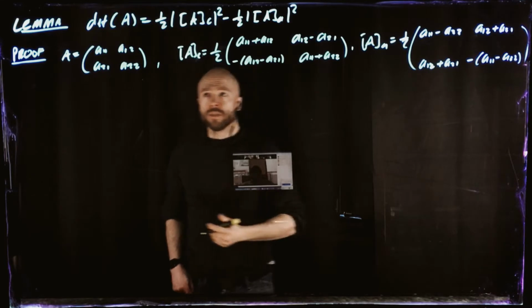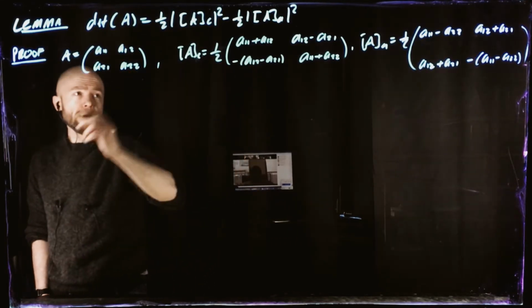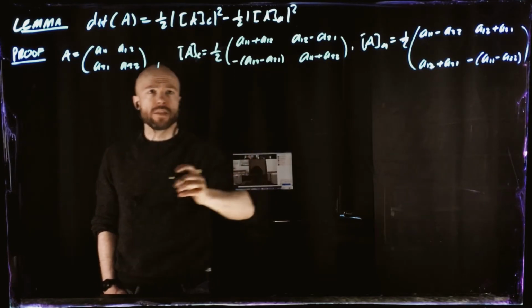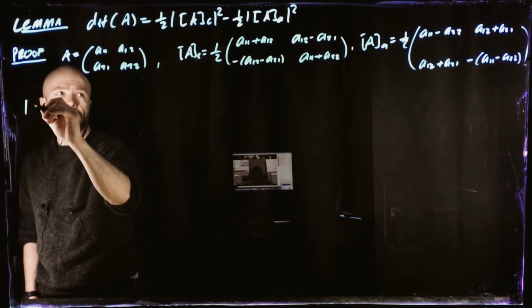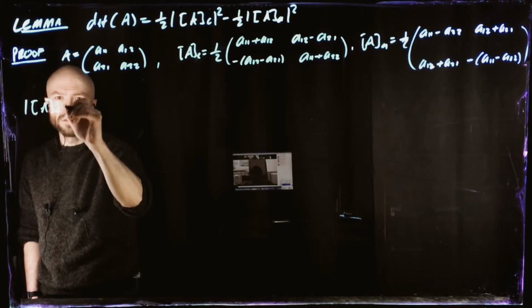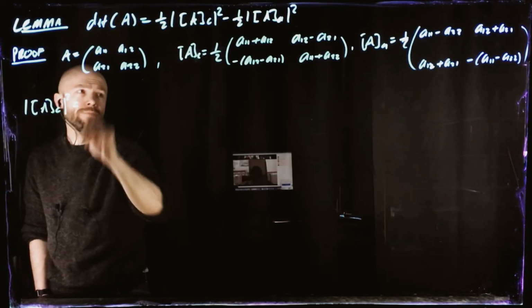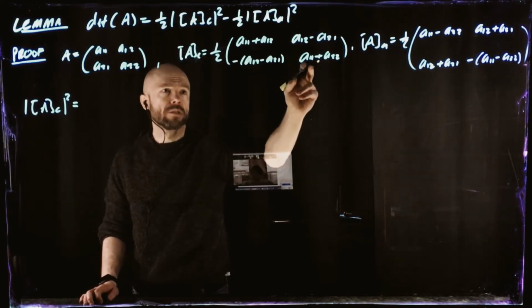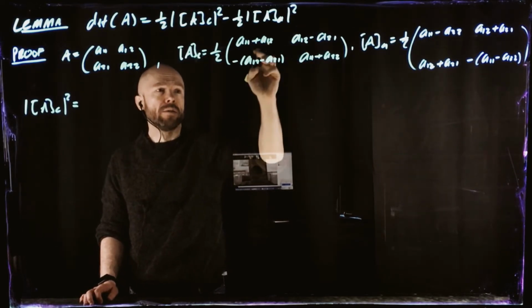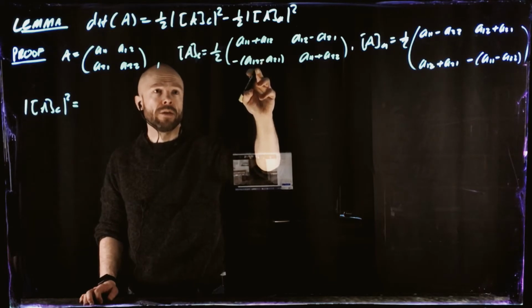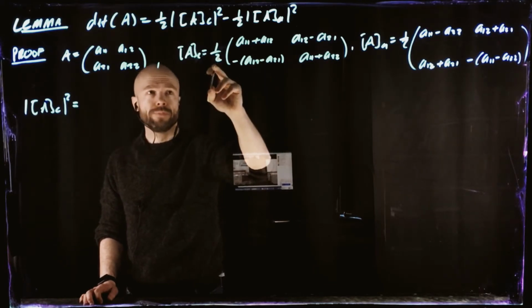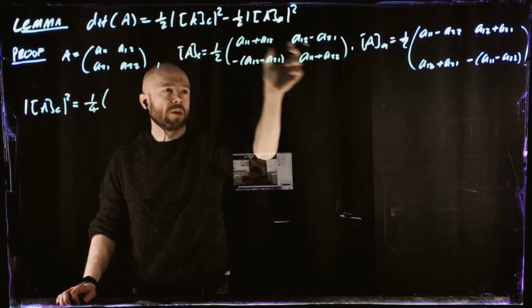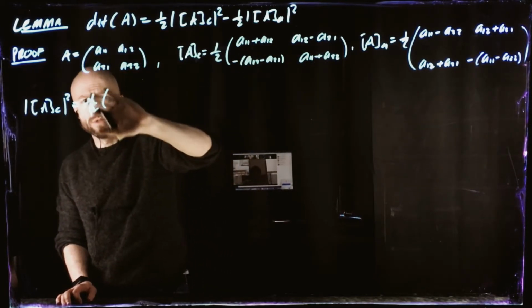So if we take these things and square them, let's take the Hilbert-Schmidt norm, then AC squared is going to be this thing squared plus this thing squared plus this thing squared plus this thing squared over 4. But we have this thing squared plus this thing squared, there'll be just 2 of them, so let's put it over 2.